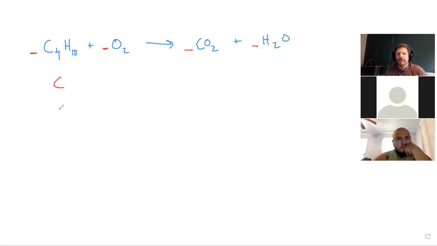We've got carbon, hydrogen, and oxygen. Now, I want you to be able to recognize that this does not have any ionic species involved. It doesn't have like a silver chloride or a silver nitrate or anything like that. And that's why we've broken it down to carbon, hydrogen, and oxygen. Does that make sense?